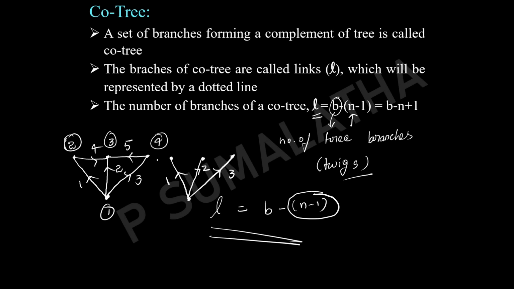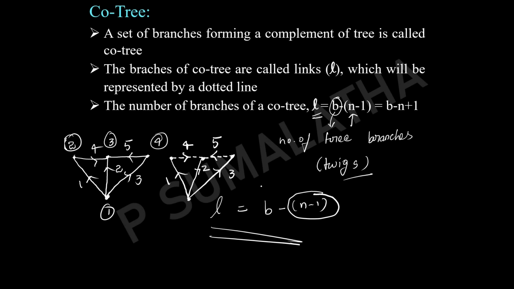Those links can be represented by dotted lines. These 4 and 5 can be called links. The number of branches present in the graph will be equal to the branches of the tree plus the branches of the cotree.